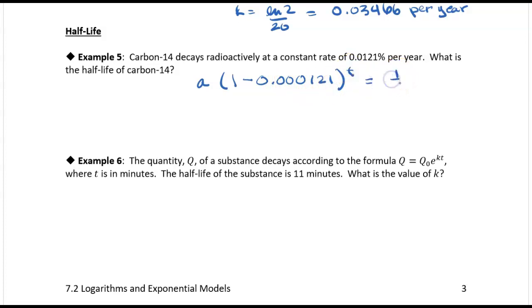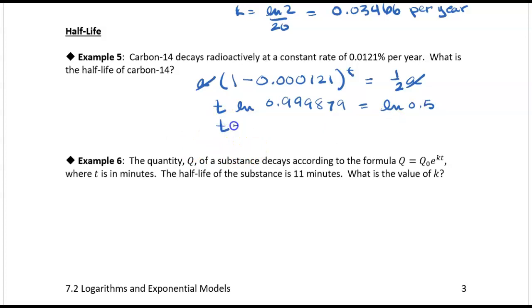And we want to know how long it takes until half of that amount is left. Now you can see the initial amount cancels, and we just need to solve this. I'll take the log of both sides. I tend to use natural logs, but you could use a base 10 log, and that would work as well. So we have t natural log of 0.999879 equals the natural log of 0.5.